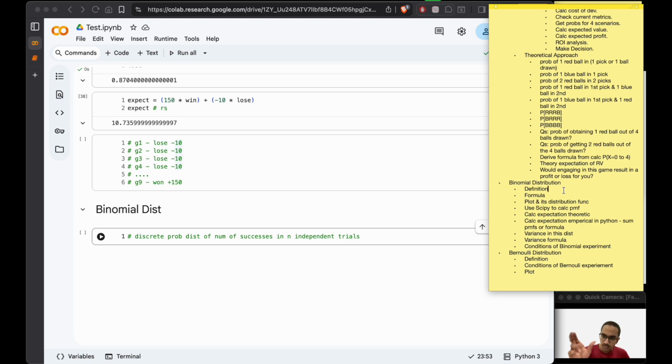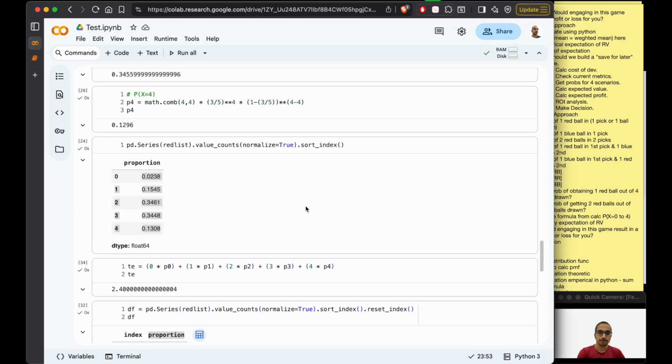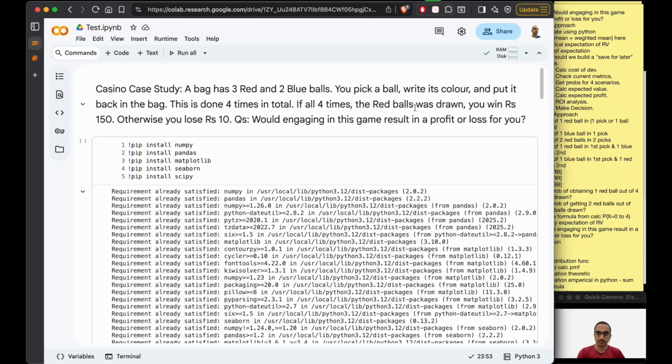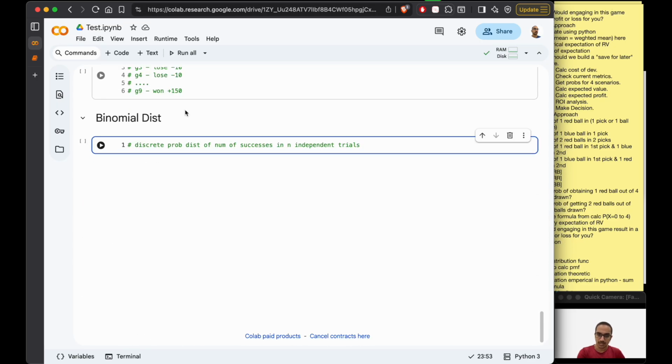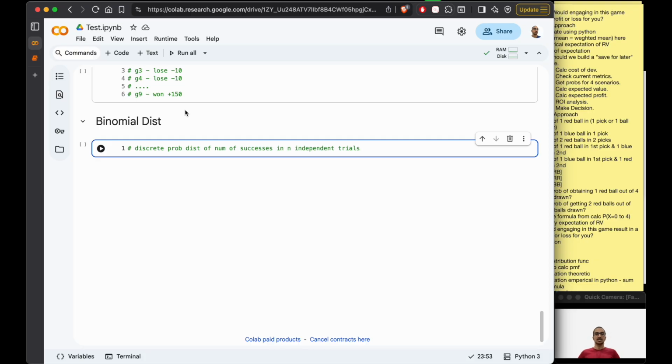Number of trials are 4. They are fixed and they are independent because it's with replacement, right? In this question, the question itself is with replacement. You put it back in the bag. So they are independent trials and they are fixed because we are only doing 4 trials every time.